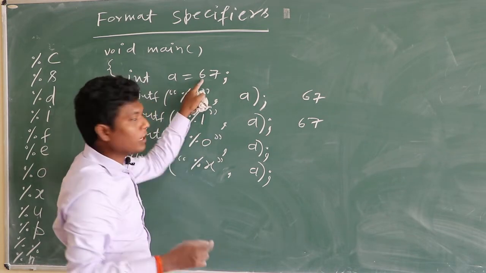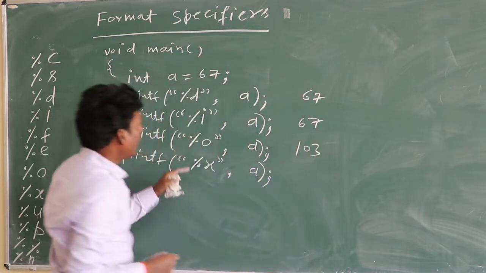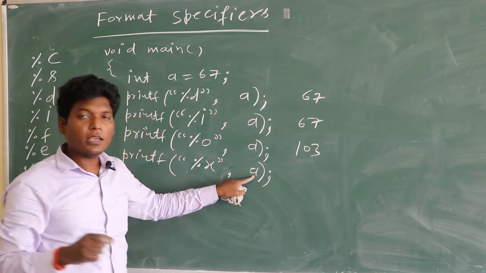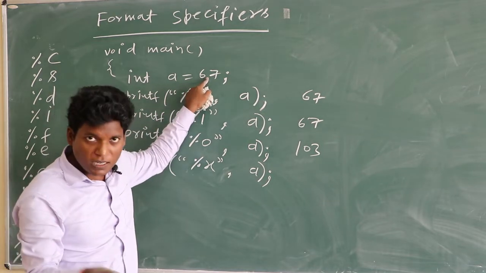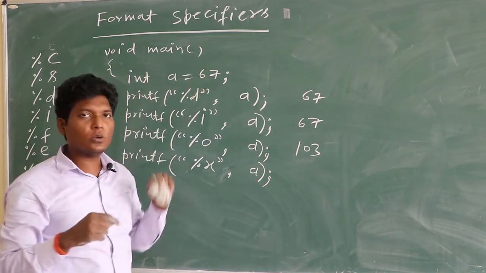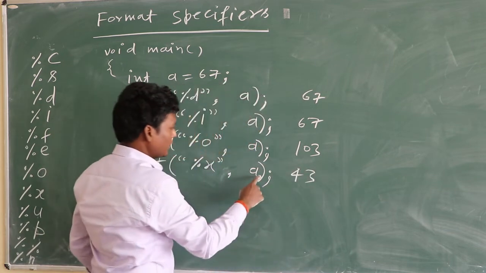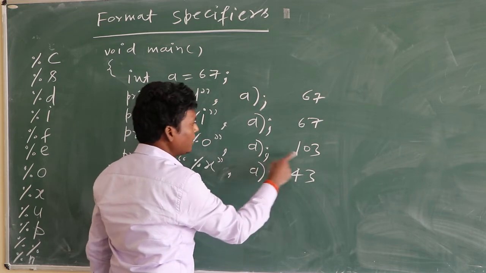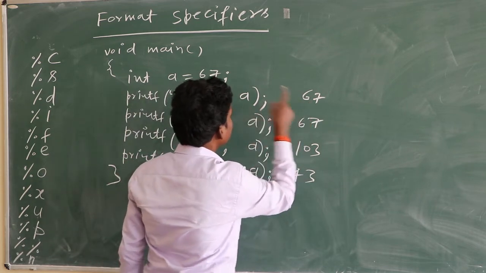So 67 converted into octal number is 103, and this %x prints a in the hexadecimal number system, and a is 67 in the decimal number system, so it is converted into a hexadecimal number, that is 43. So this printf prints 43, this printf prints 103, this printf prints 67, this printf prints 67.